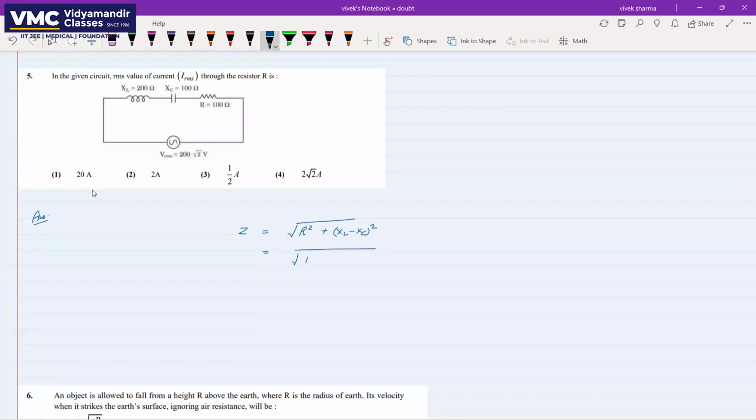R is given as 100. XL minus XC is 200 minus 100, whole square. So the impedance will come out to be 100 root 2 ohms.